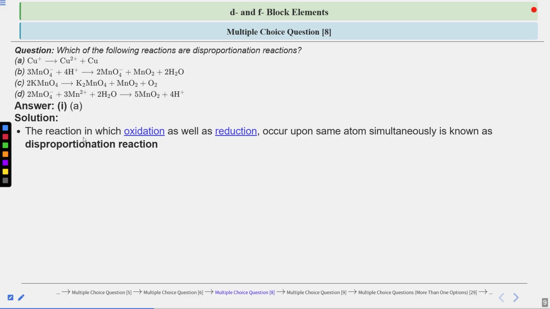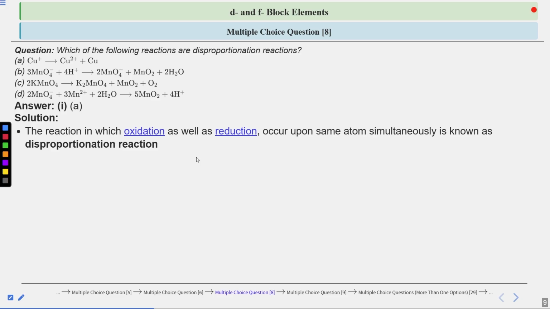If you go on the concept of disproportionation, the reaction in which oxidation as well as reduction is occurring upon the same atom simultaneously is known as a disproportionation reaction. In simple language, if a same atom at the same time undergoes the oxidation process as well as the reduction process, then that reaction is known as a disproportionation reaction.